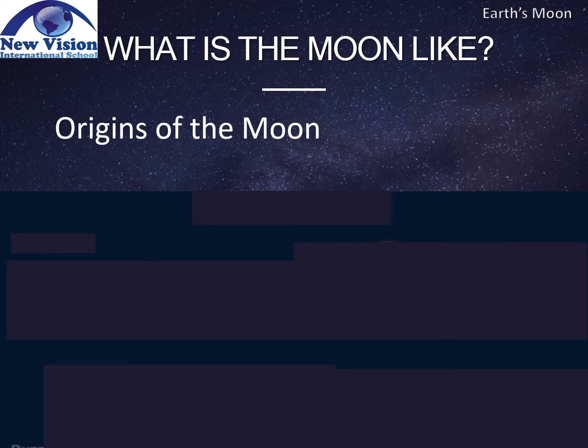Origins of the moon. Scientists have suggested many possible theories for how the moon formed. The theory that seems to best fit the evidence is called the collision ring theory. About 4.5 billion years ago, when Earth was very young, the solar system was full of rocky debris.